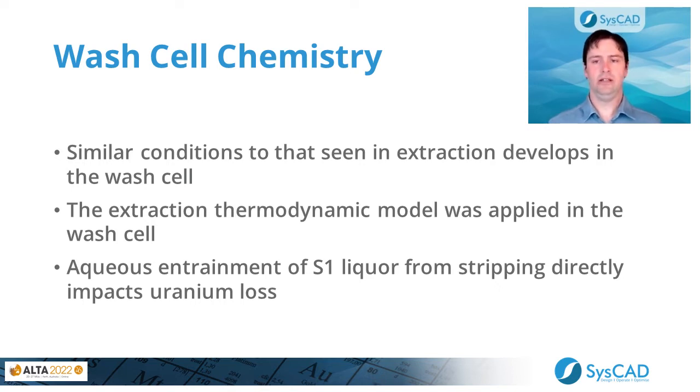When you do that, then it extracts some acid, and the aqueous is very similar to the aqueous seen in extraction. And for this reason, then, you end up with any entrainment of strip 1 liquor, which will contain some uranium. This will directly impact uranium loss, because any uranium that's in the aqueous will then be extracted to the organic in that mixer. So this is something to consider and something we'll talk about in a bit.